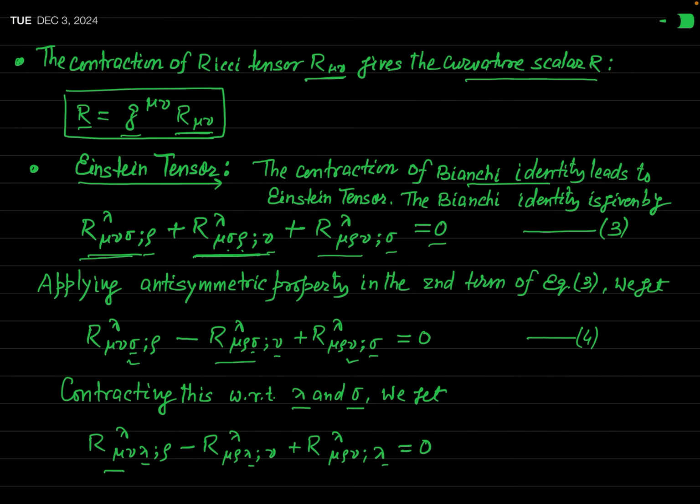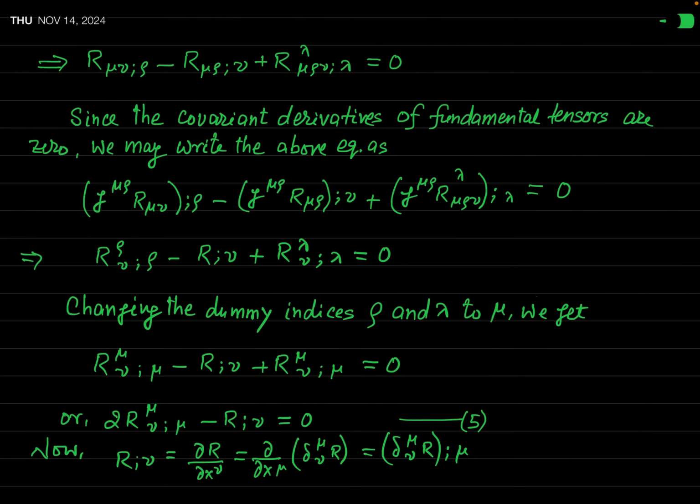And the second term will be R mu rho semicolon nu. And the third will remain as it is, because here this lambda is not a covariant index, but it is the index with respect to which we are going to find the covariant derivative of this last tensor. So the first term becomes this, the second term is this, and the last term is as it is.